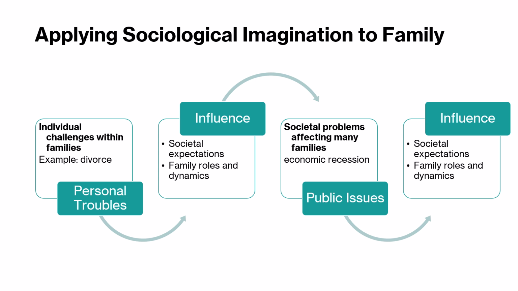For example, a personal trouble that people often describe as a personal problem is divorce. There are people who expect people to divorce in certain situations and also not to divorce in specific situations. Family roles and dynamics, which are identified by society, could affect these. Or is it that personal experiences affect what people think others should do?